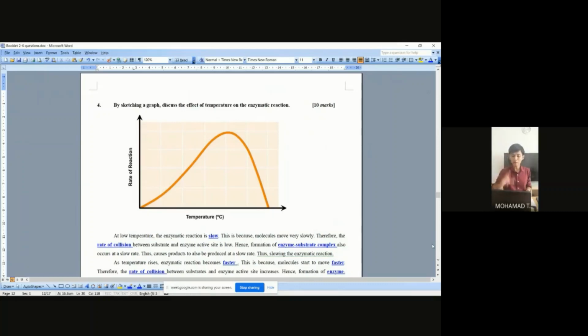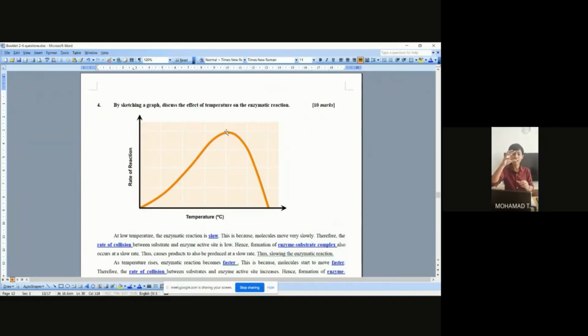Okay, kalau graph untuk temperature, since kita tahu every increase in 10 degrees Celsius, dia punya rate of reaction akan double macam ni. Okay, so yang belah sini, dia akan naik lebih kurang macam awak punya exponential growth curve. Okay, dia akan condong sikit dekat sini. Kemudian dia akan capai optimum temperature. Alright, kemudian selepas saja optimum temperature, rate of reaction dia akan slow down.